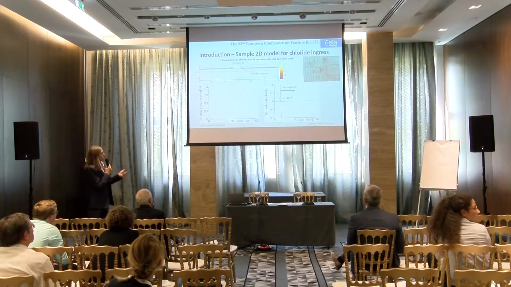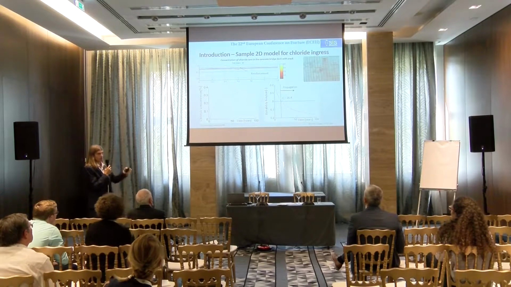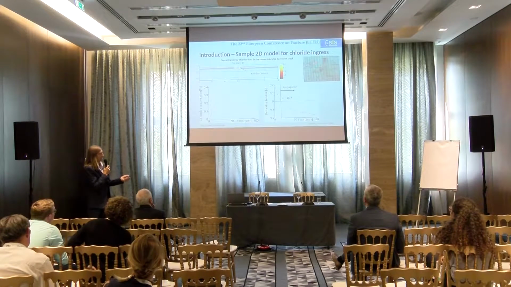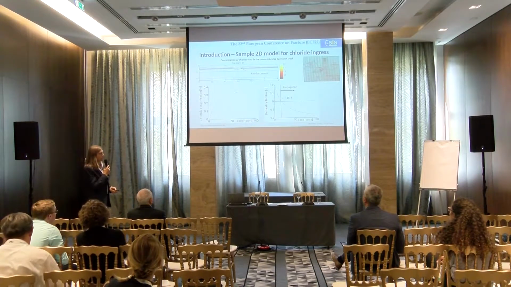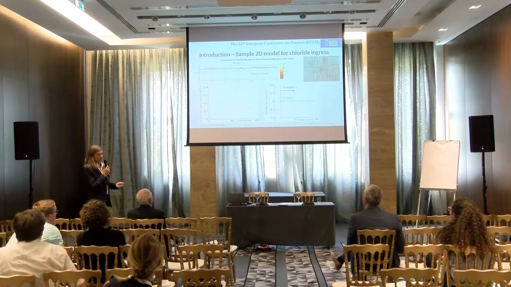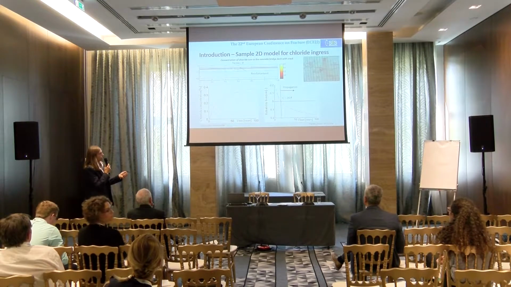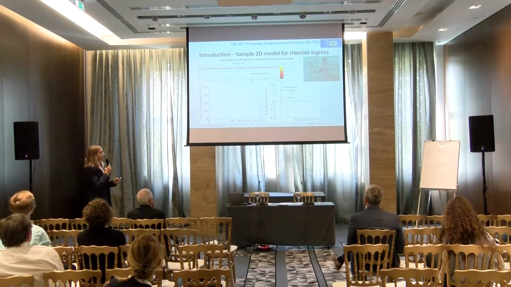And this is a surface of, for example, bridge deck. So this is the vertical cross-section of the bridge deck. And for example, this is the picture from the US highway bridge deck, and the concrete is prone to cracking. So this model can handle also the ingress of chlorides via the cracks to some extent.